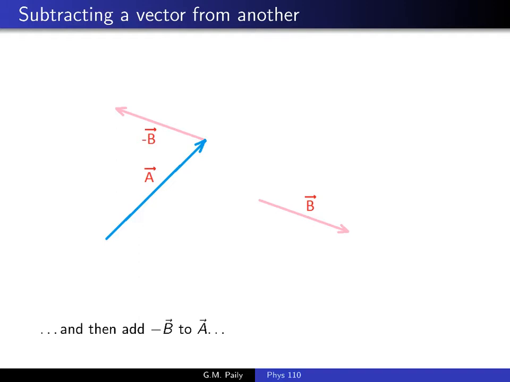And what did I do? I placed it so that its tail, the tail of the minus b vector, is at the head of a. So I'm using the tail to head method. And now the resultant is a plus minus b, or in other words, a minus b.